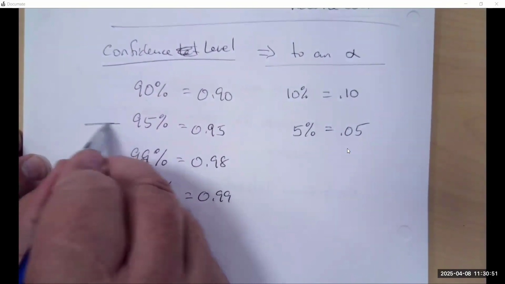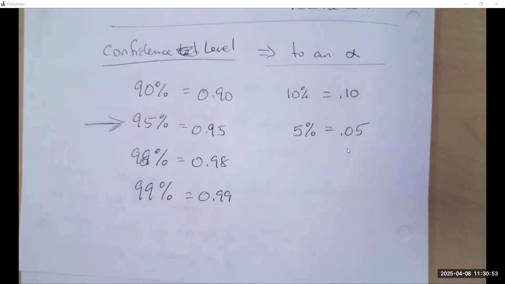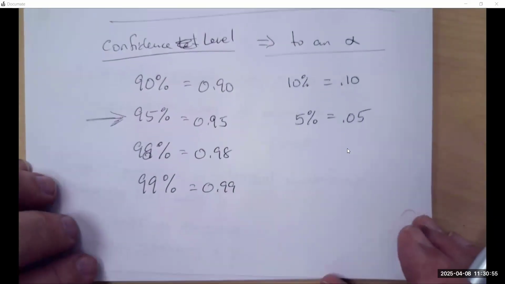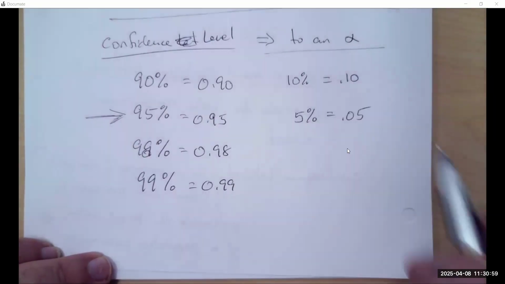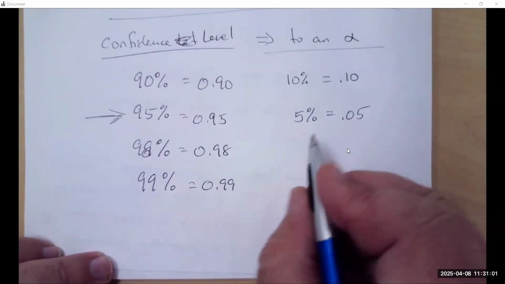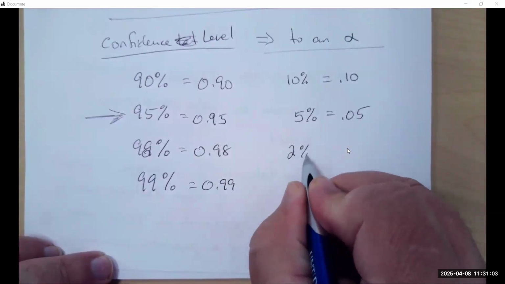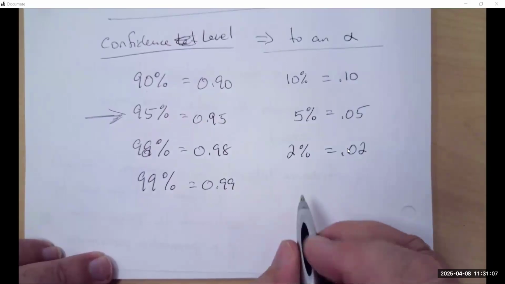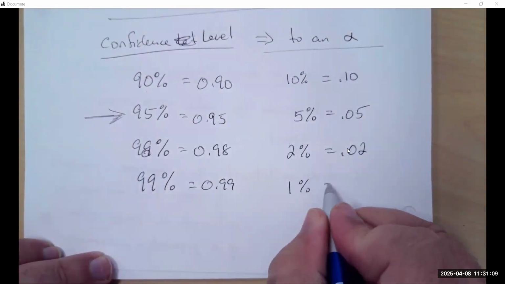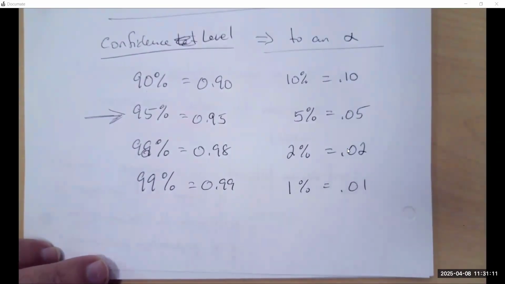And to be honest, this is the most commonly used one, the 95% confidence interval. At 98%, what's my alpha? 2% or 0.02. And at 99%, it's 1% or 0.01.